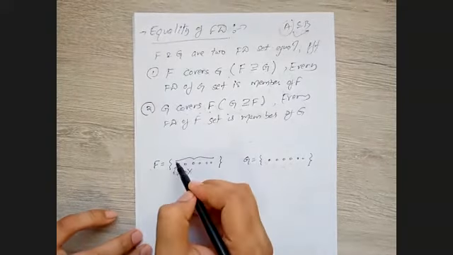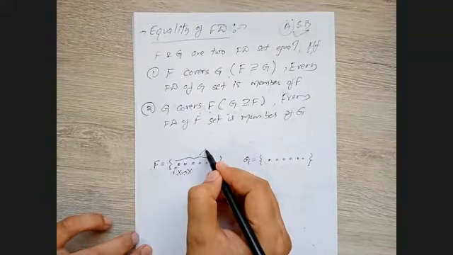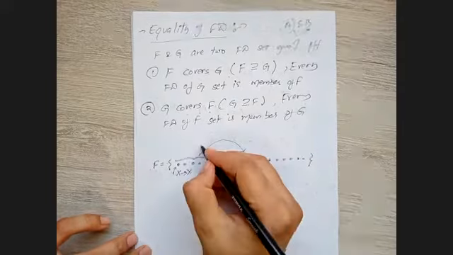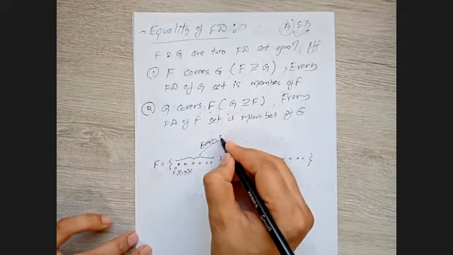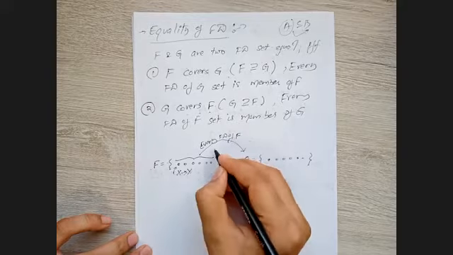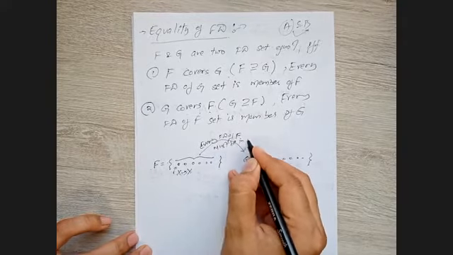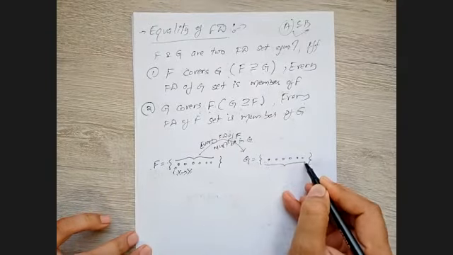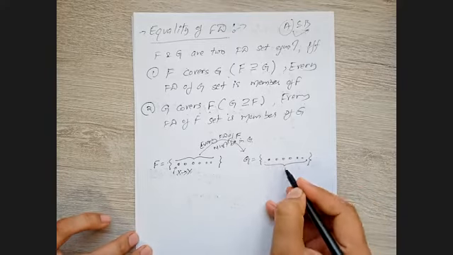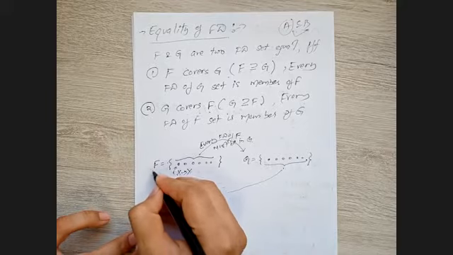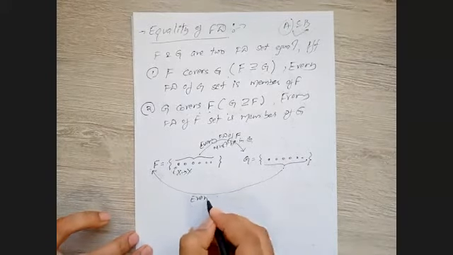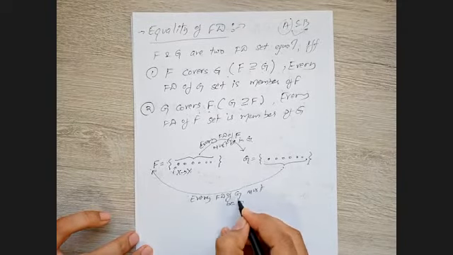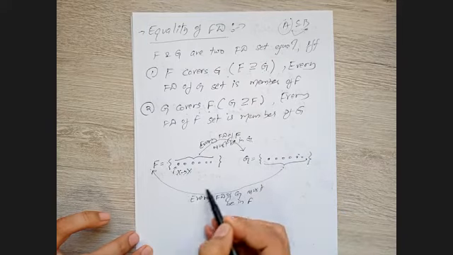Every functional dependency of F must be present in G. Only then will G cover F. In the same way, every functional dependency of G must be contained in F. All of these must be in F and all of these must be in G.